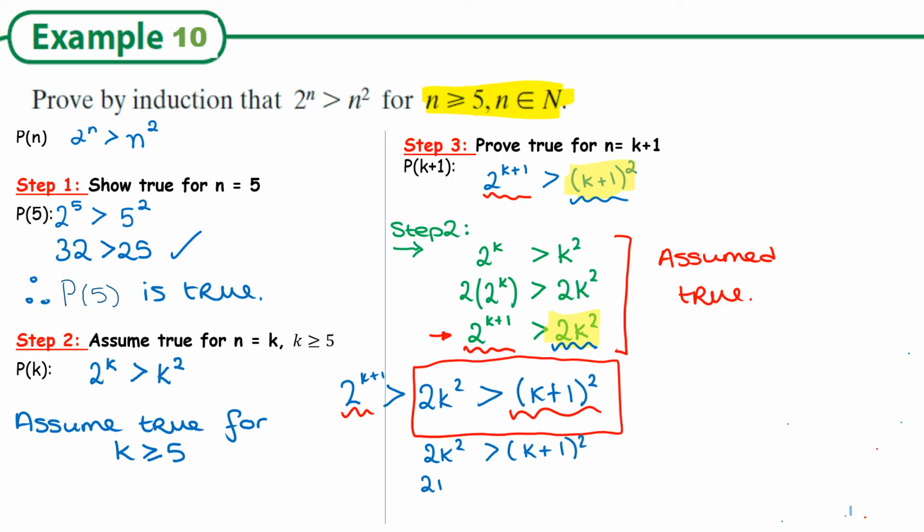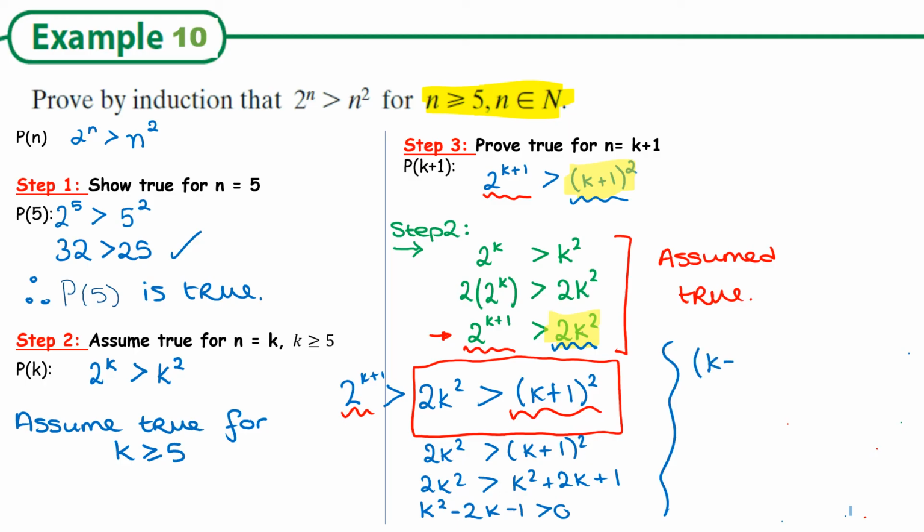So I have 2k squared is greater than k squared plus 2k plus 1. Rearranging that, I get k squared minus 2k minus 1, and I want to prove that that is greater than 0. If you remember back to how we did this, it was completing the square.